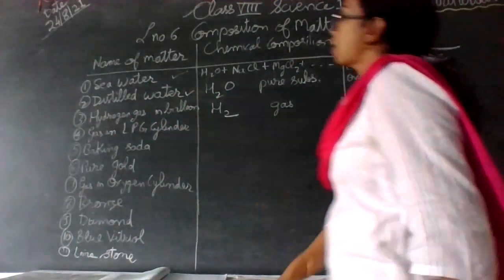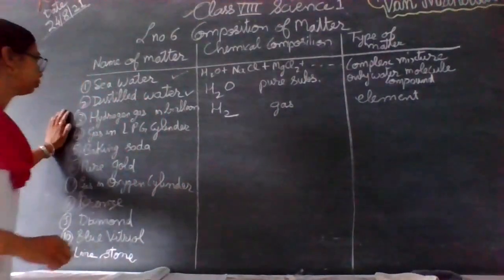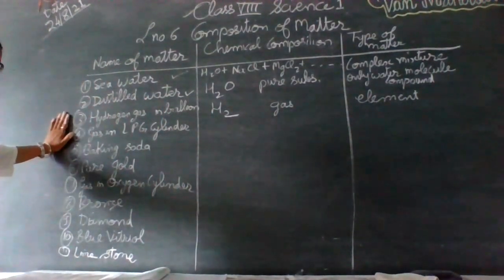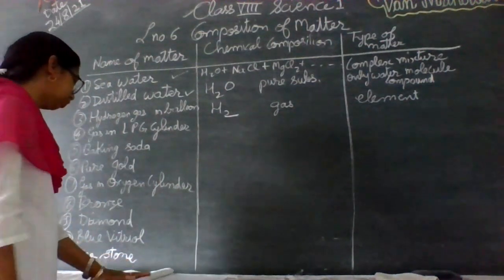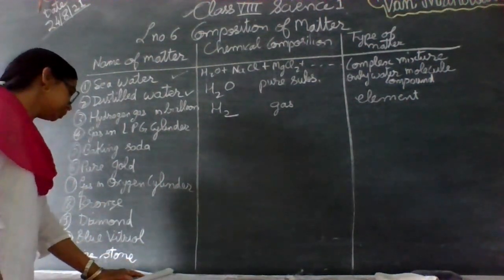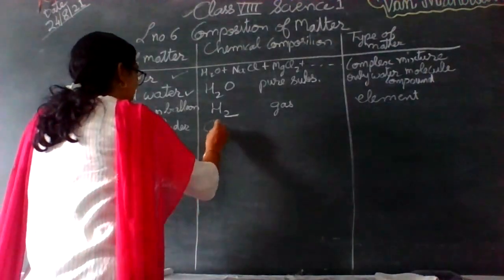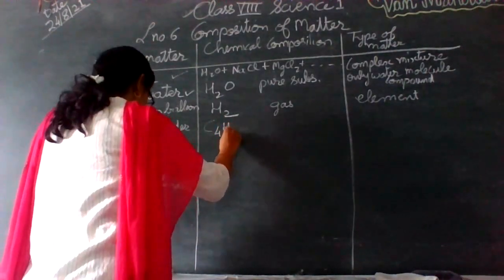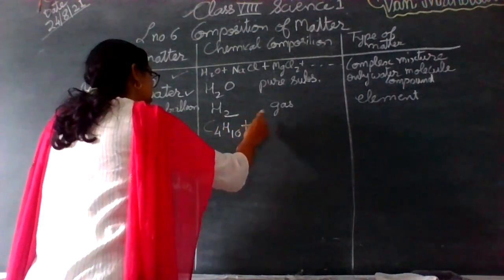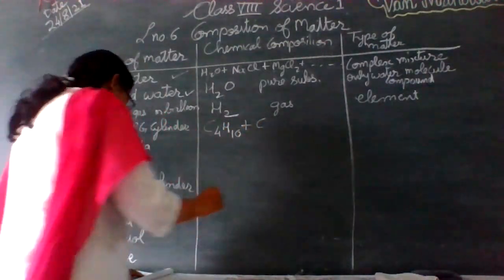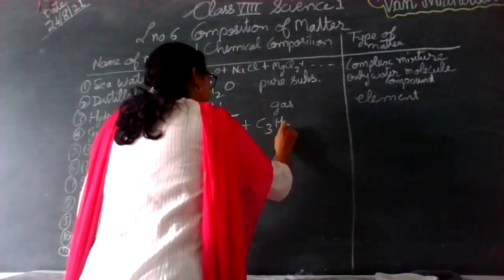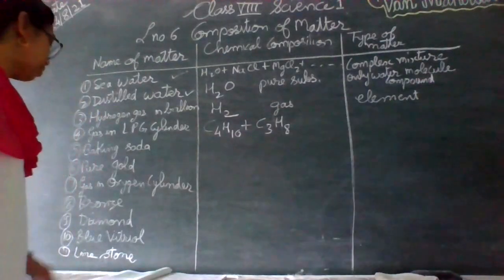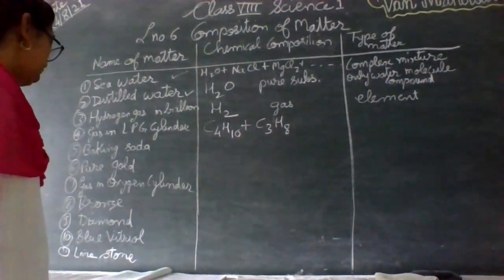Next matter that we are going to consider is the gas that is filled in LPG cylinders, the cylinder that is used in your homes for cooking. In this LPG cylinder, we have gases, substances that are combustible, and they are made up of carbon and hydrogen.